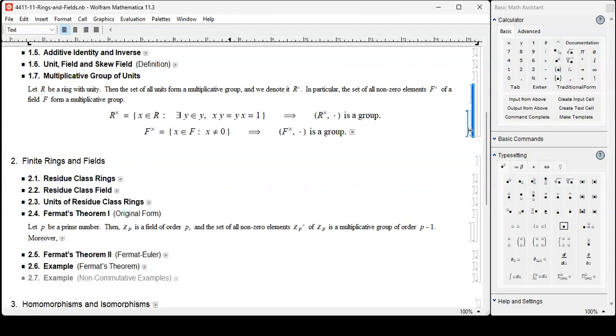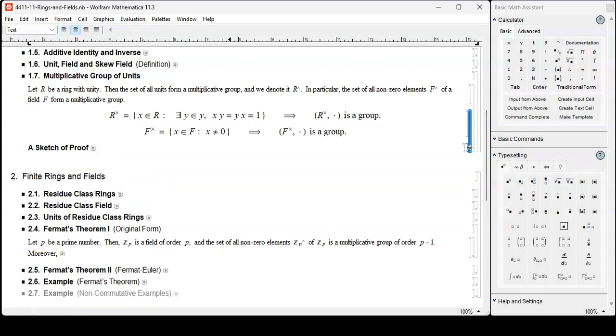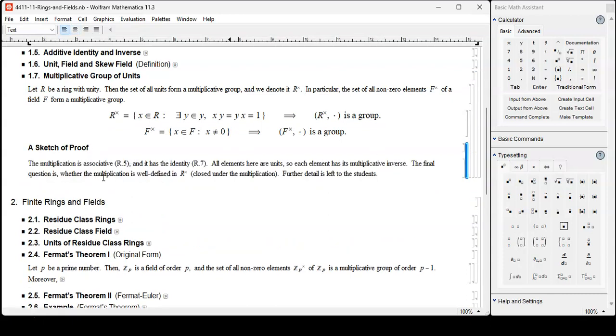Let me give you a hint, a brief sketch. The multiplication is of course associative. It's one of the standard properties of the ring, and it has the identity under this multiplication, which is called unity for the ring. And then all elements here are units, so they all have multiplicative inverses. So we have all those three properties of groups under multiplication.